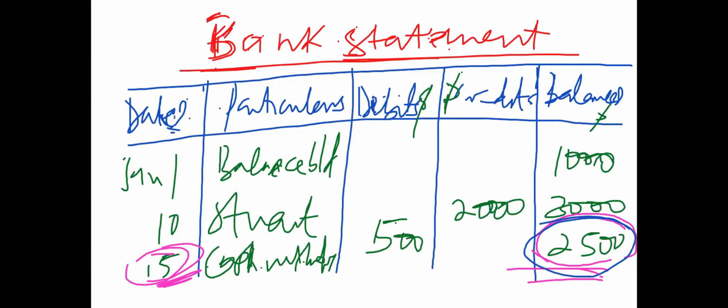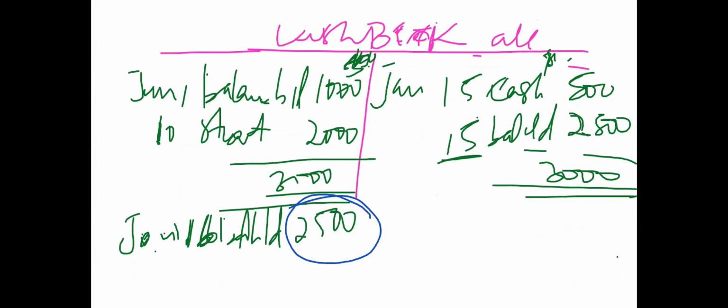That is the implication of what we've been talking about. But most of the times, this balance is not always the same as this balance that we have here. And if that's the case, then we do what we call the bank reconciliation statement.